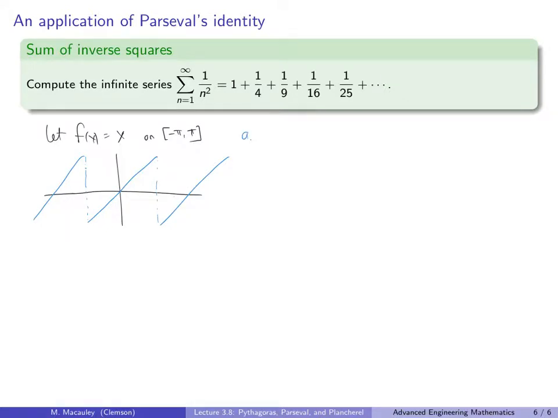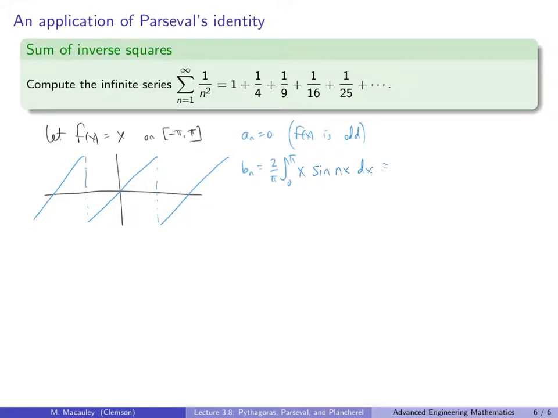So for this function, obviously the a_n's are 0 because f of x is odd. And then b_n is 2 over pi, the integral from 0 to pi of the function x times sine of nx dx. We could go from negative pi to pi if we want, but because it's odd, I'm used to just doing this.